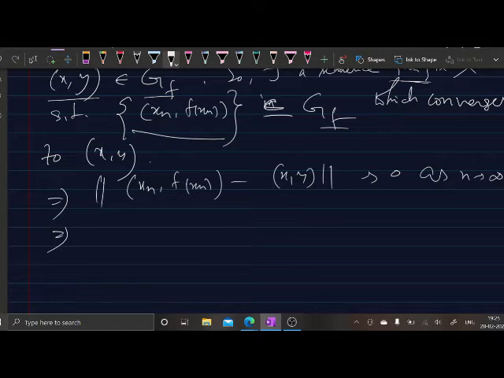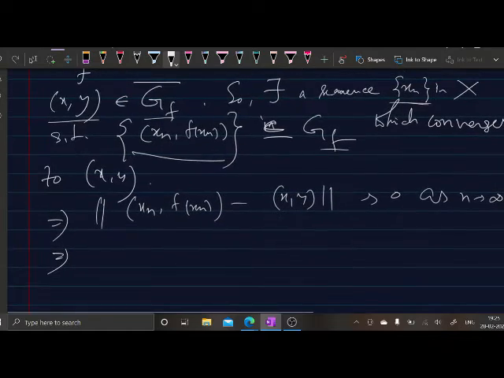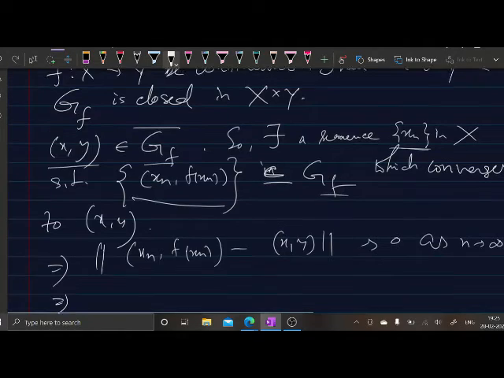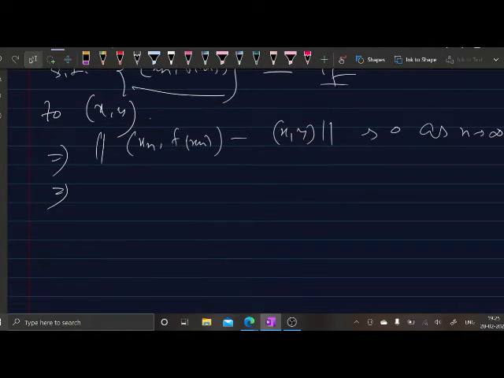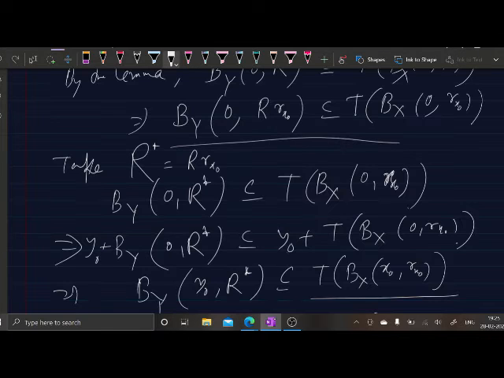And since you are in the product space, the norm in X cross Y is something like that: norm of x_n minus x plus norm of f(x_n) minus y.